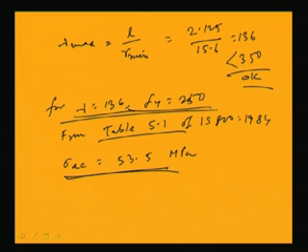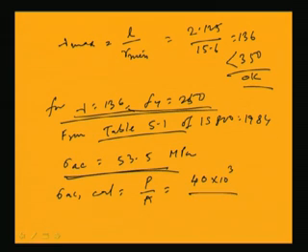Okay. So, we can now calculate sigma AC. This will be P by A. So, P is given as 40 kilonewton and area is 929 millimeter square. So, this is becoming 43.1 MPa, which is less than the allowable sigma AC, that is 53.5 MPa.